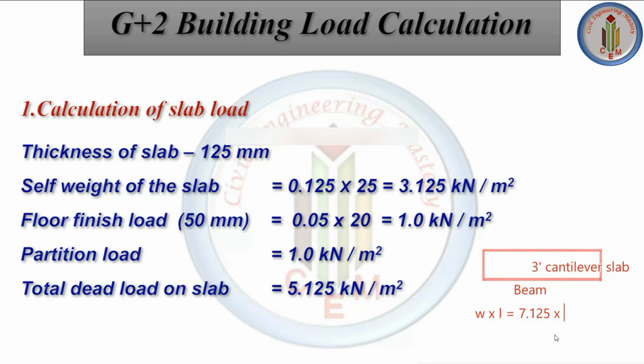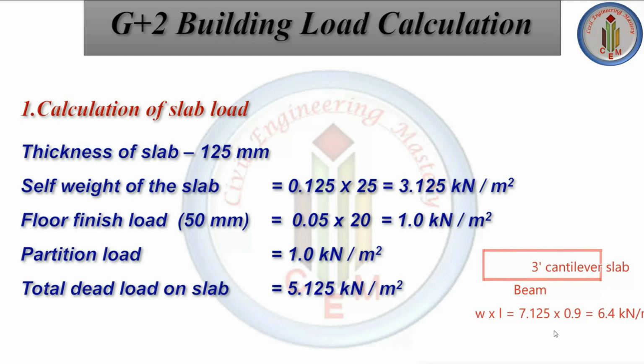W multiplied by 3 feet, and 3 feet is 0.9 meter. So this is the load which is coming on the beam as a cantilever slab load: 6.4 kilonewton per meter.